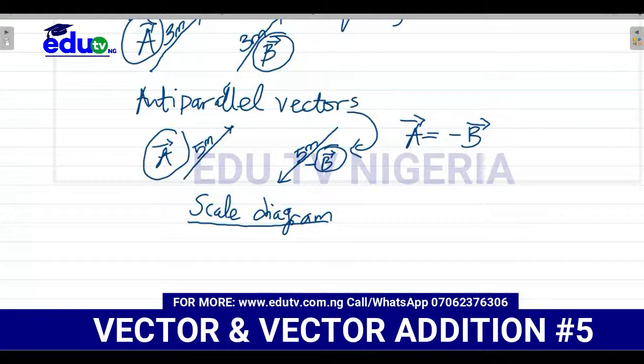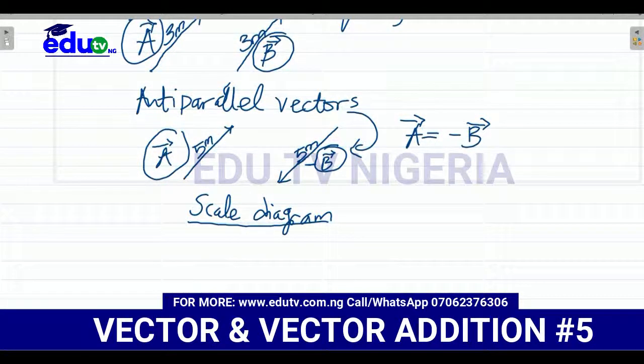That scale diagram makes use of arrows. Supposing we have two vectors, talking about displacement.